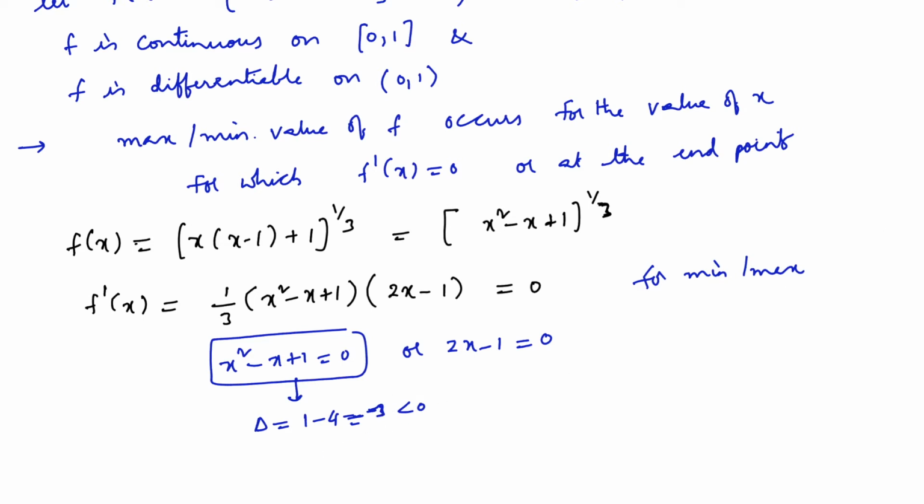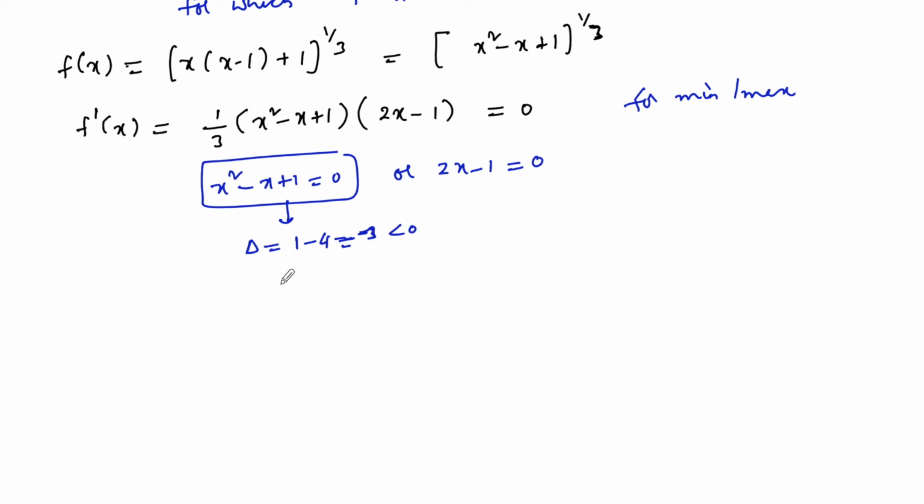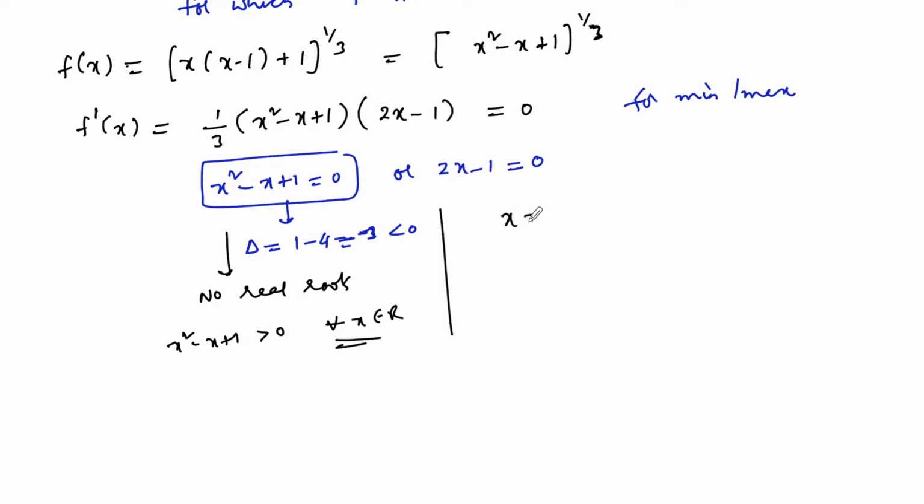So there are no real roots. The expression x square minus x plus 1 is positive for all x belongs to R. It cannot be equal to 0. And now 2x minus 1 equals to 0, that is x is equal to 1 by 2.